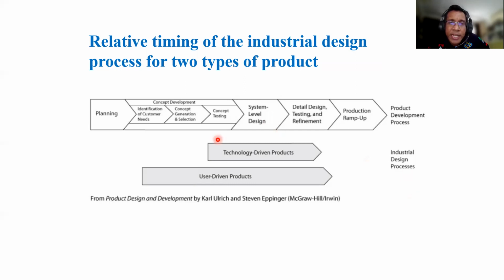They began late, but for the user-driven product, they start earlier, together with the manufacturing specification, identifying the specification and concept. So they start earlier, together, to find the best solution for their product.